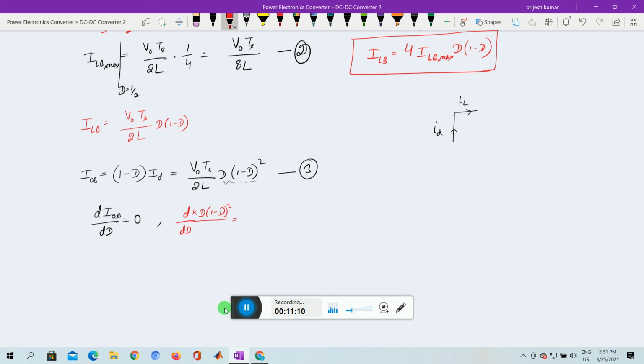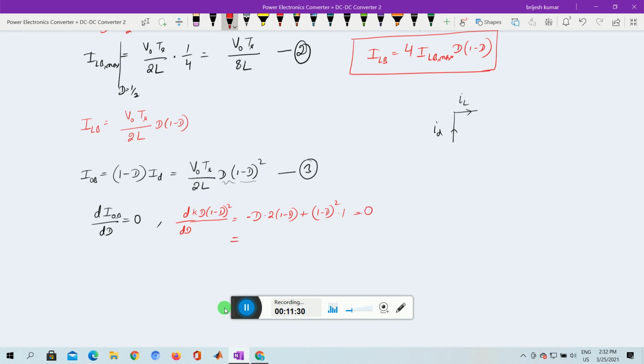After doing this differentiation, we get D times the derivative of this term, which is 2 times 1 minus D, with a negative sign because of the negative, so minus, then plus 1 minus D whole square, since the derivative of D is 1. This term should be equal to 0.